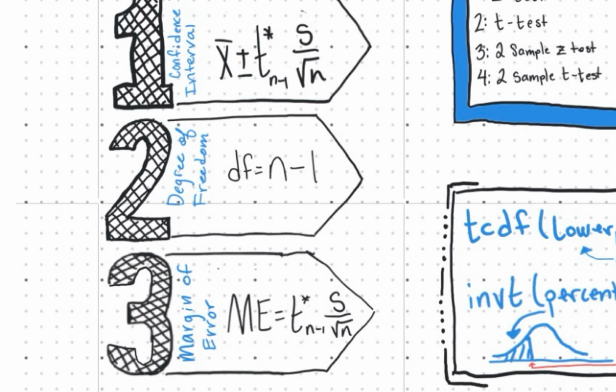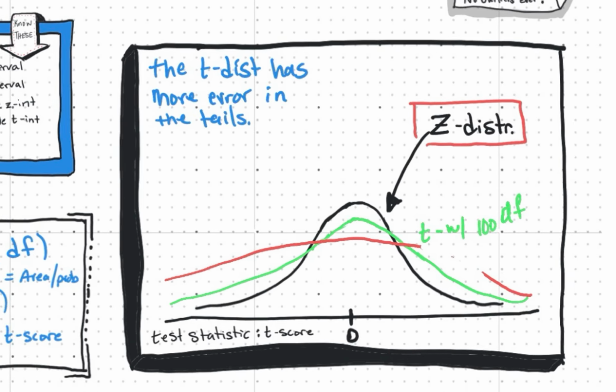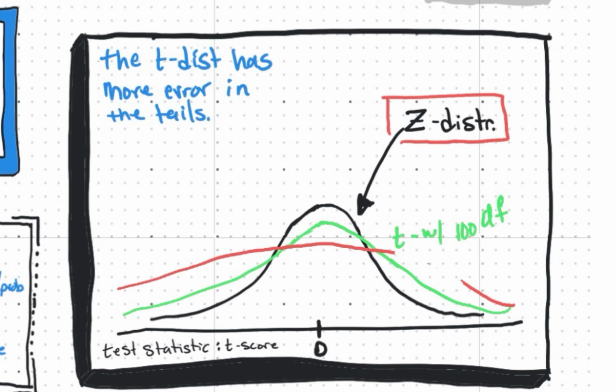To emphasize the curves that we're talking about, if you imagine the z distribution, it's this perfect curve, and you know the exact spread, you know where it falls, and really the difference between z and t is all about spread, right? The wider the curve is, the fatter the tails are, the more error you have.